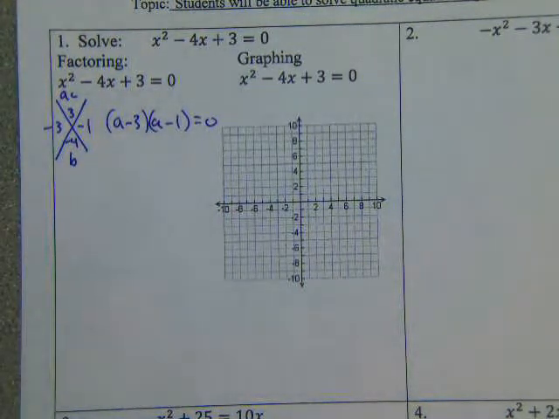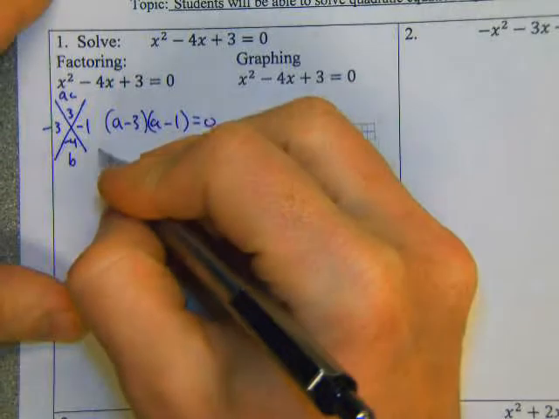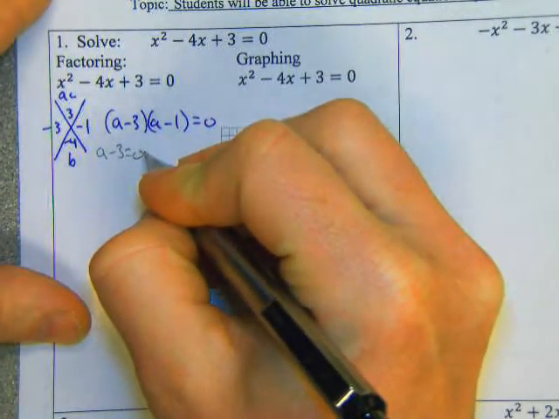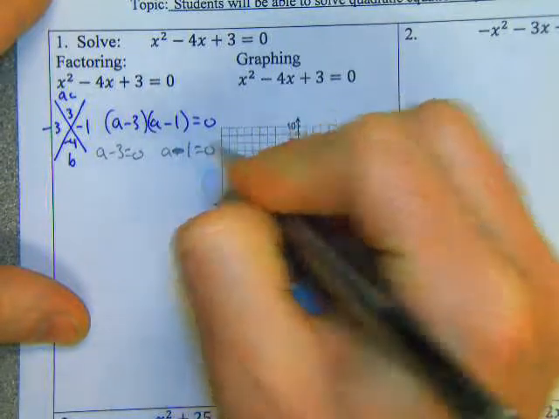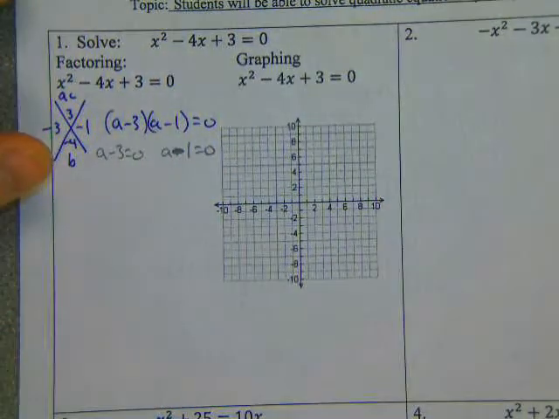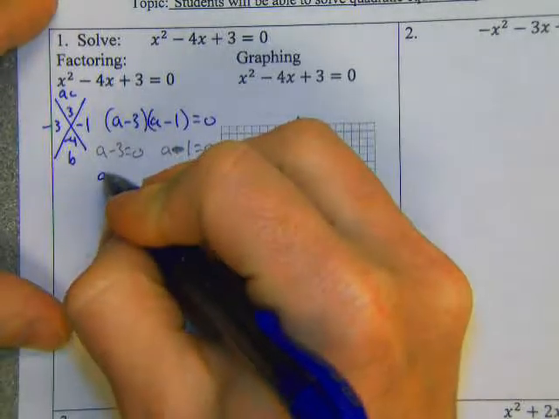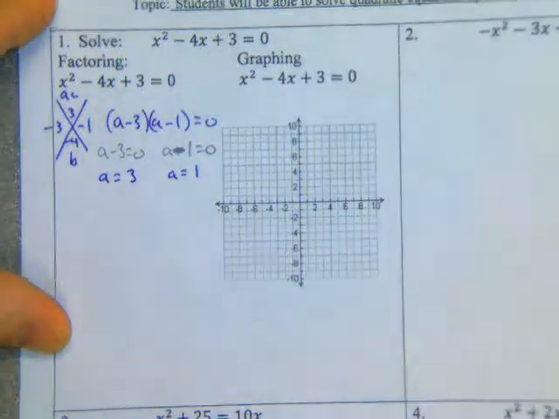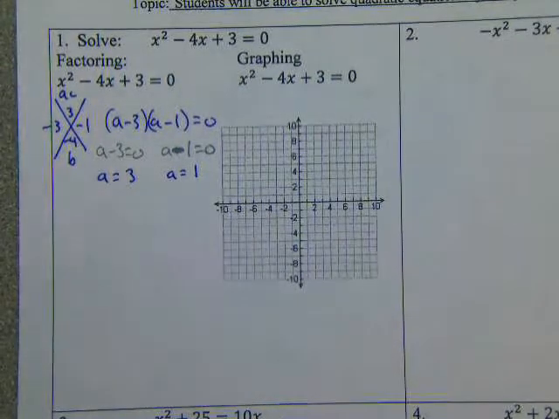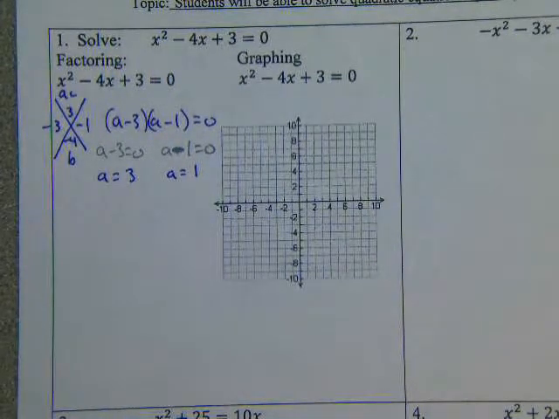Set each one of those quantities equal to 0. a - 3 = 0 and a - 1 = 0. I was jumping to the solution already. Add 3: a = 3. a = 1. So, solved it by factoring.